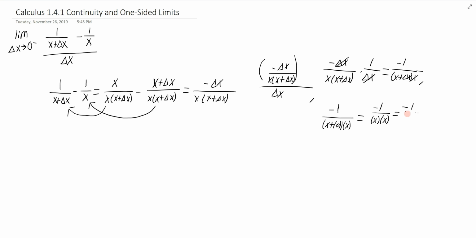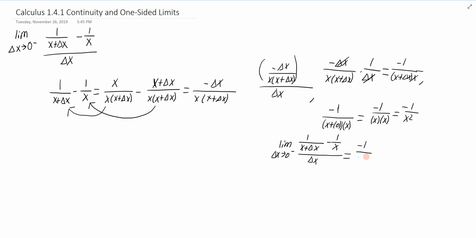And what this means is that the limit as delta x goes to 0 from the left of 1 over x plus delta x minus 1 over x, all over delta x, simply reduces down to negative 1 over x squared.